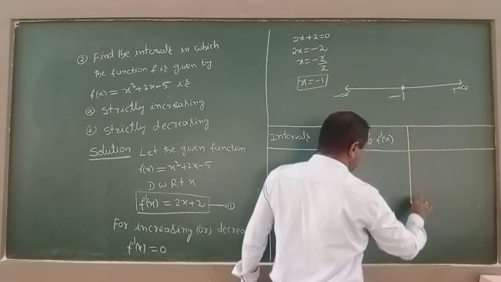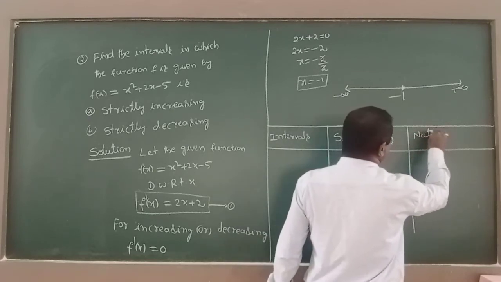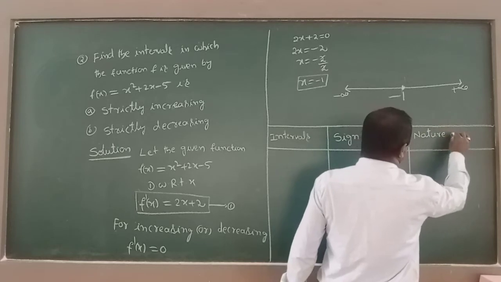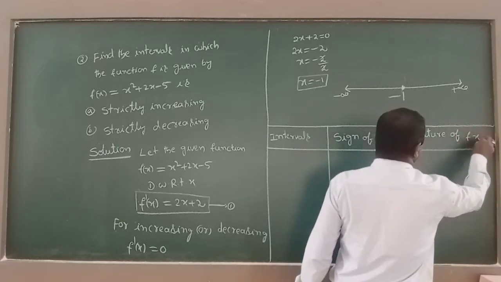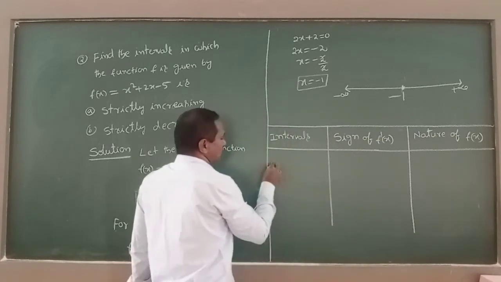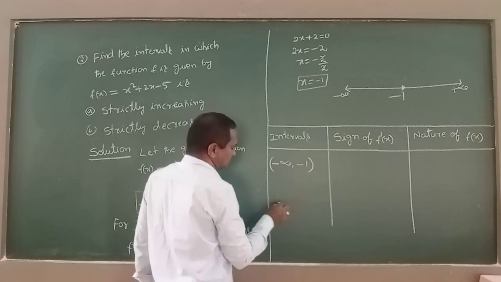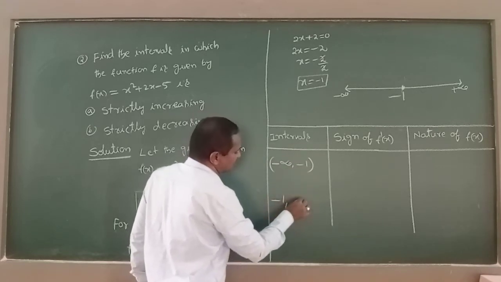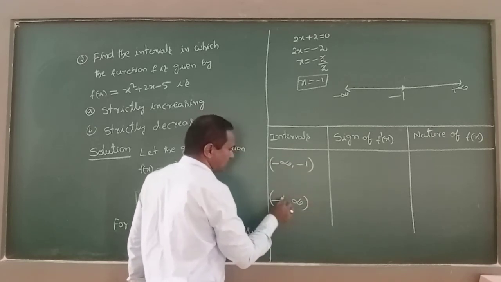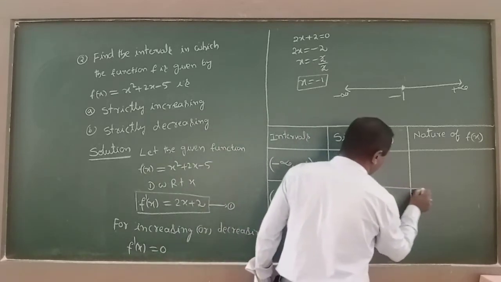The third column is nature of f of x. First interval is minus infinity comma minus 1. Second interval is minus 1 comma plus infinity. Like that we got the two intervals.